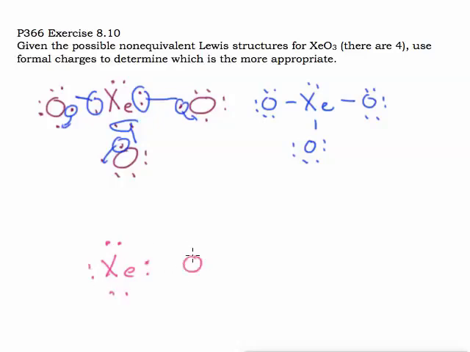So we could have it like this. And this could happen with every oxygen atom. So we could also have xenon double bonded to 3 oxygen atoms.